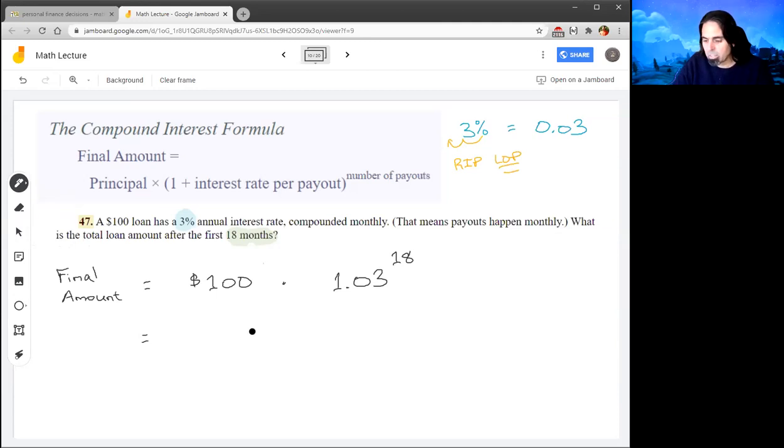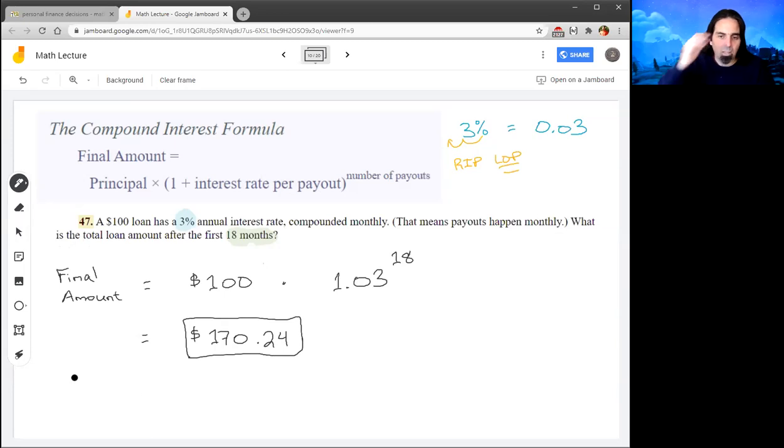So $170.24. So how it says 18 months, you can just do months for the exponents, or just like how many? That's a great question. In this case, it said compounded monthly. The payouts happen monthly. So that's the time frame that goes in the exponent.